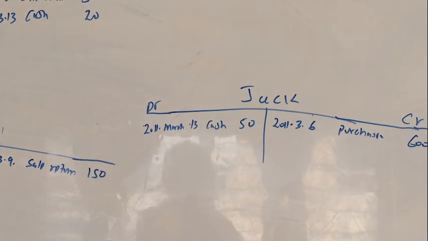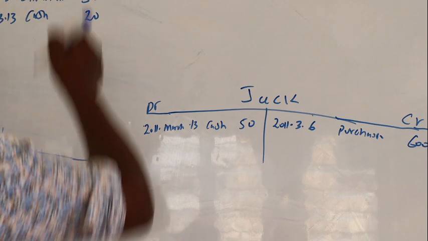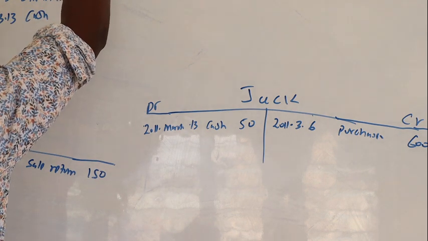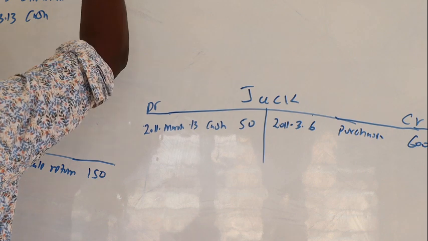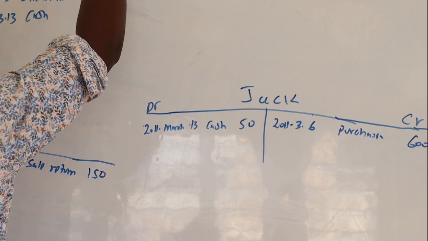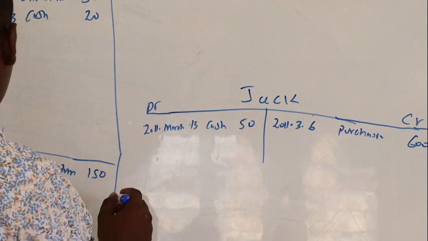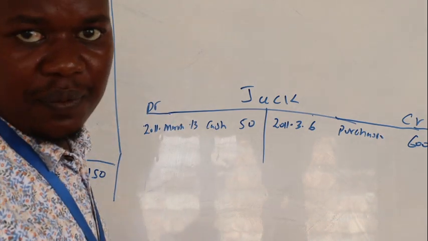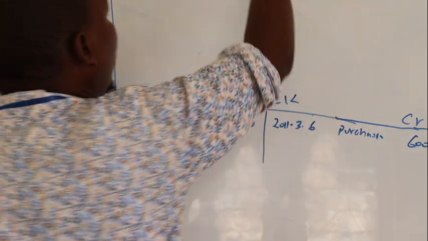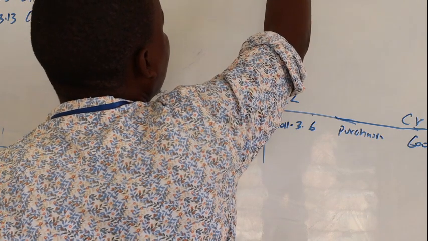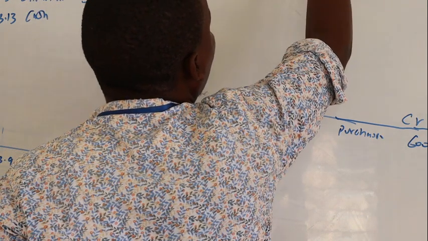So class, now these are the ledgers, as you have seen how we have prepared them. We have said we have three key main ledgers. We have sales ledger, which records individual debtors. We have what we call purchase ledger, which records individual creditors.